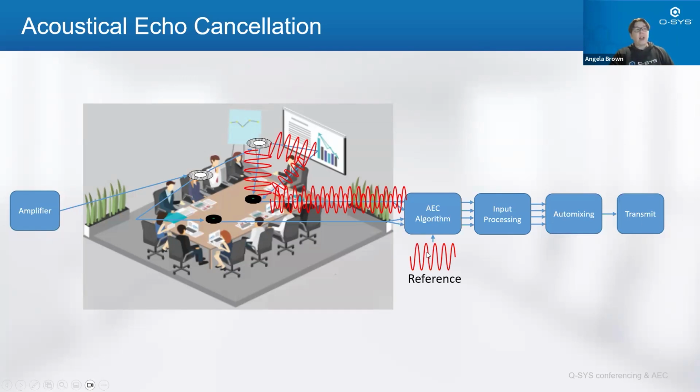Once we've done that, we can do the same input processing of the microphone in the near end, the auto mixing, encode it, and transmit it back to the far end. So we've got conferencing going in both directions. This AEC processing is really happening on both ends. We're just going to keep talking about near end and far end to make some distinctions about how the signal is being filtered through our AEC block.